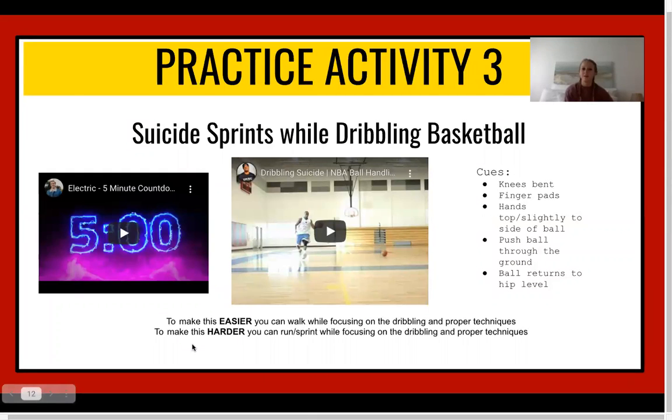So you're gonna have 5 minutes to do this. From the previous activity, you can work with all 3 dribbles while you're doing this. Try to make as many routes as you can. Again, to make it easier, you can just walk. To make it harder, run or sprint.